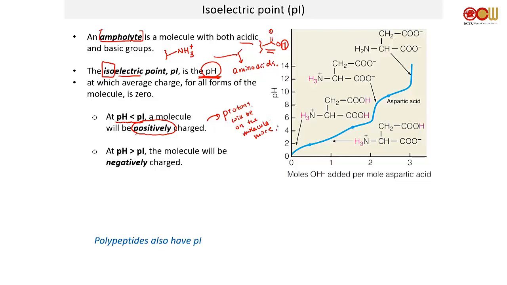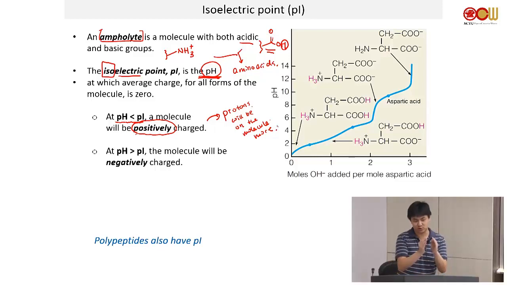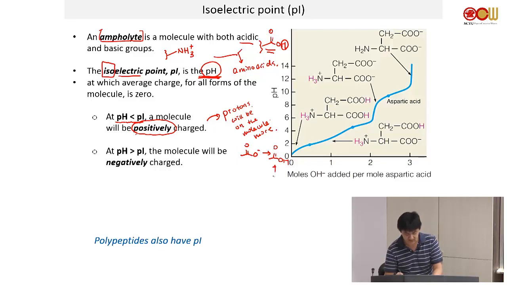When the pH is lower than the PI, that tells you that the protons in the solution are going to end up on your molecule. So the acidic group of the molecule becomes neutral. This guy becomes this guy, so this guy is now neutral.